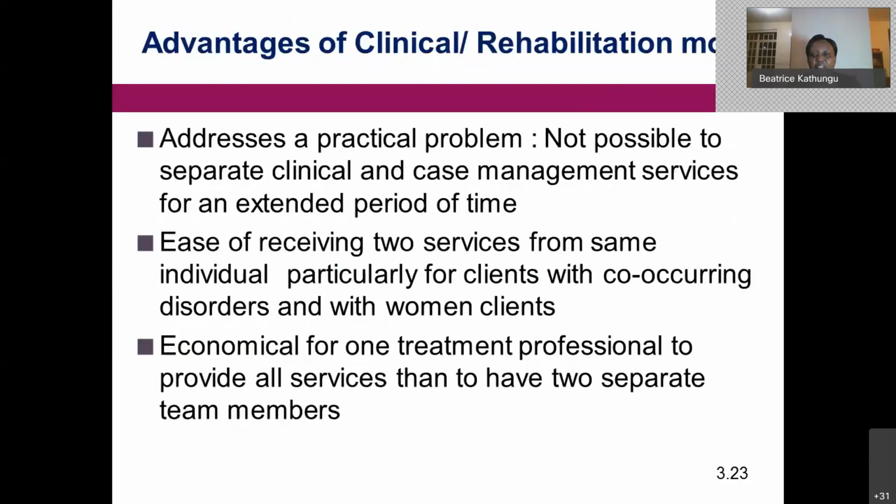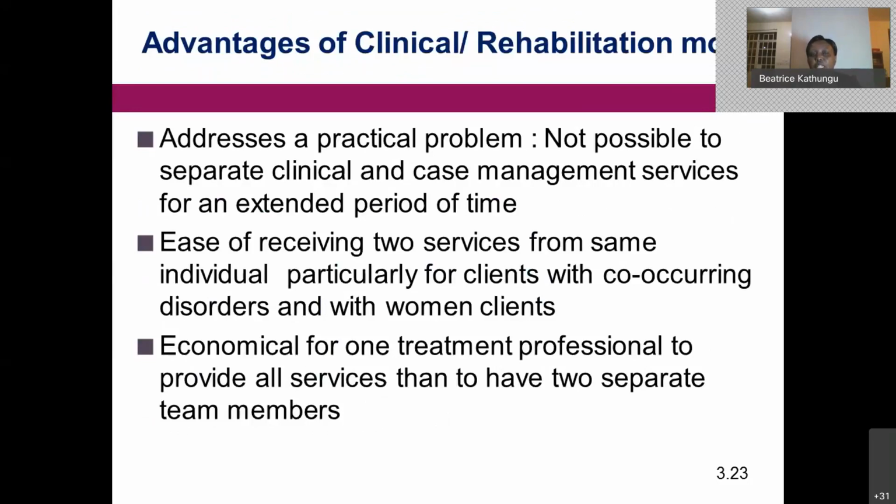What are some of the advantages? One is that it addresses a practical problem. It's really not possible to separate clinical work and case management work for a long period of time because of the realities. For example, when you send the client to case management services, maybe outside of your institution or even within the program, but in another department, it's important that you get to know what's happening. It's important that you follow up.